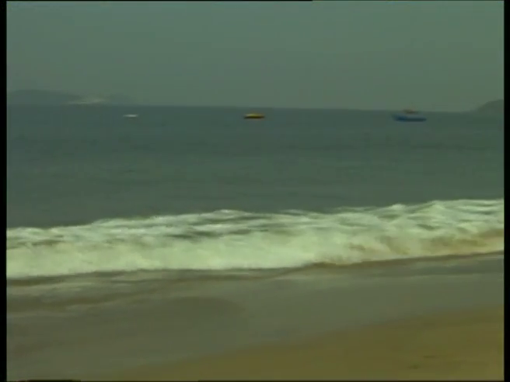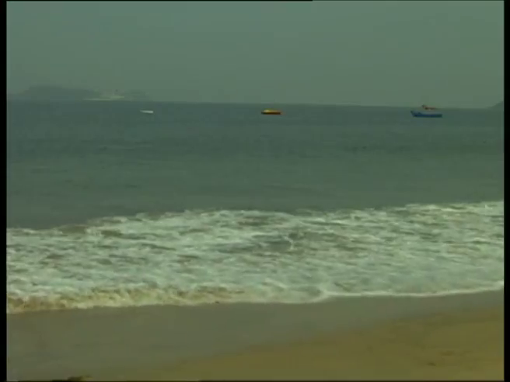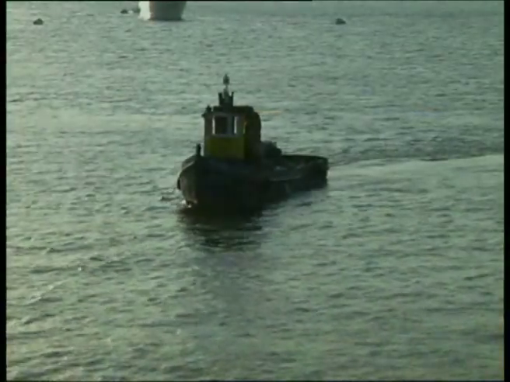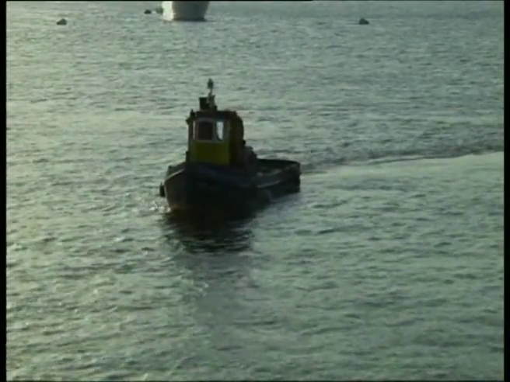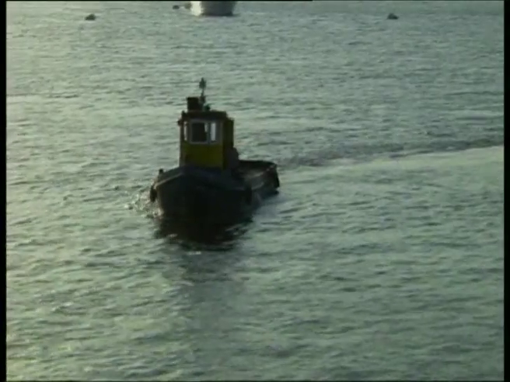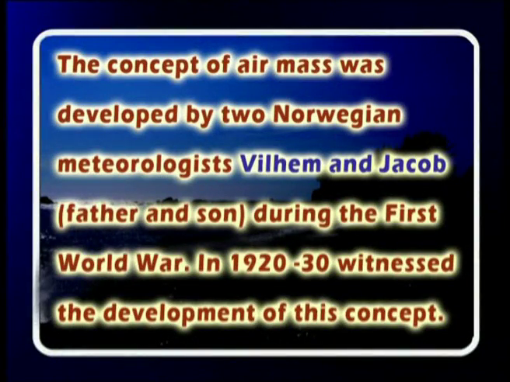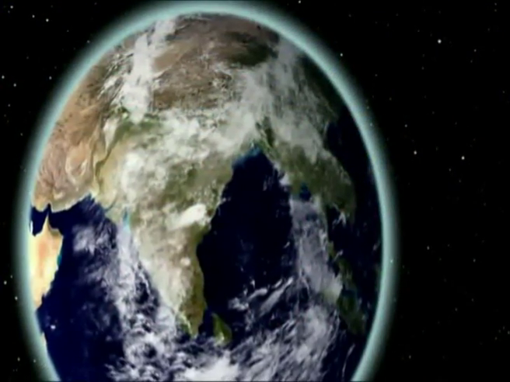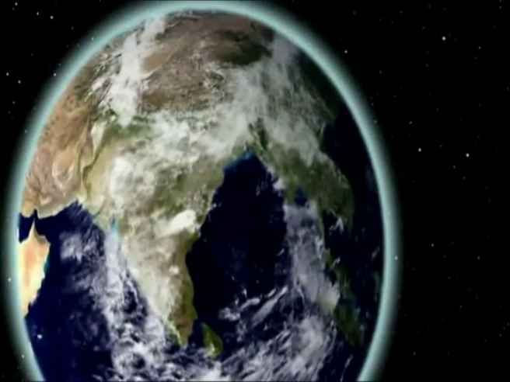Air masses also carry large quantities of atmospheric moisture from ocean to continents to yield precipitation. The concept of air mass was developed by two Norwegian meteorologists, Bergeron and Bjerknes, during the First World War. The 1920s to 30s witnessed the development of this concept. It helps to predict weather conditions within 24 hours.